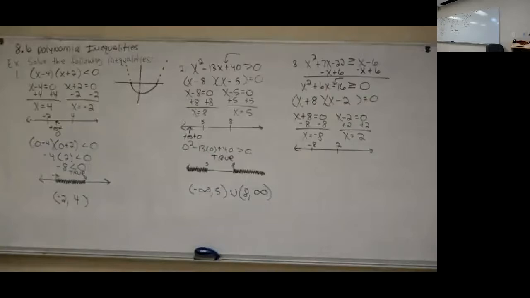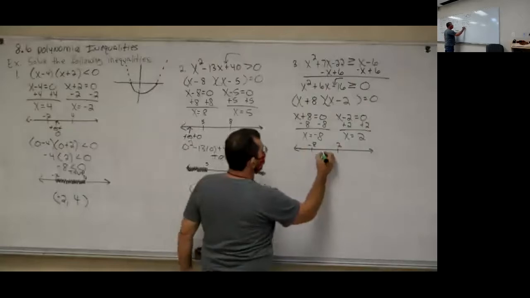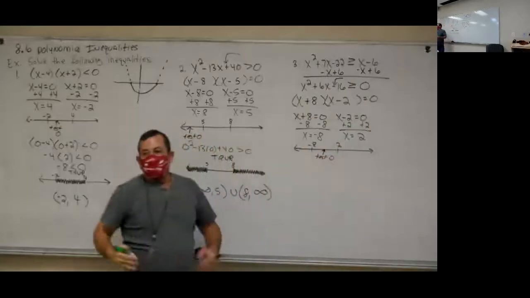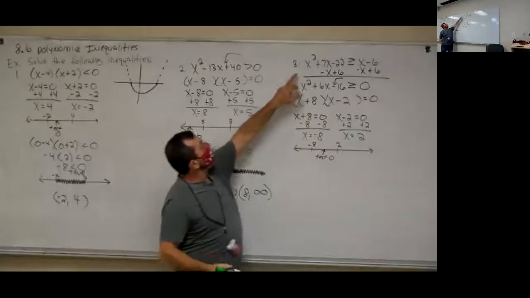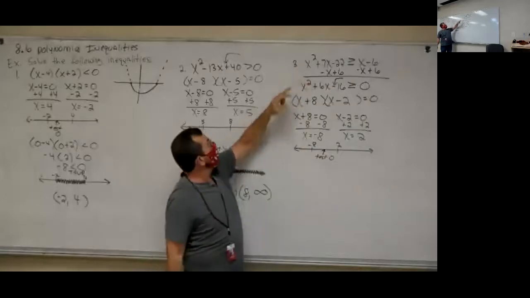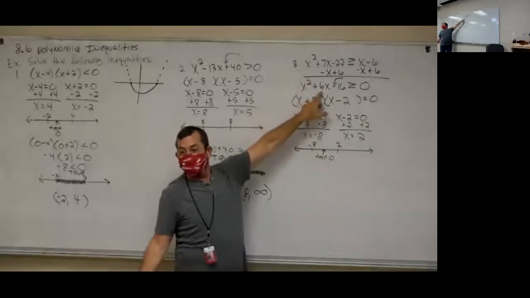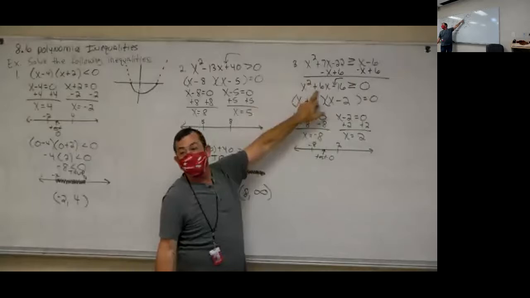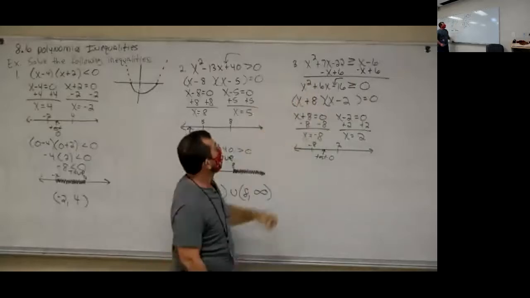So 0 is in between that negative 8 and 2 this time. So I'm going to test my 0 again. Here's what's nice about that: you can use the original equation, or you can use the equation where we got everything on one side. I'm probably going to use the one where I got everything on one side.